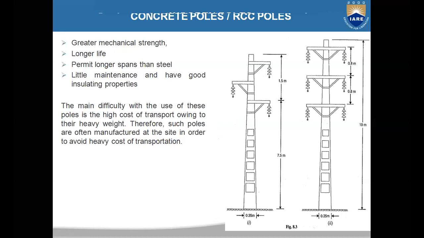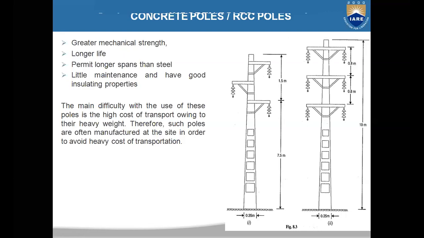Because of this reason, these concrete poles will be built in the places where you have to construct the tower. Wherever you want to construct the tower, there itself you will manufacture this concrete pole. Why? Because this will avoid the cost of transportation.